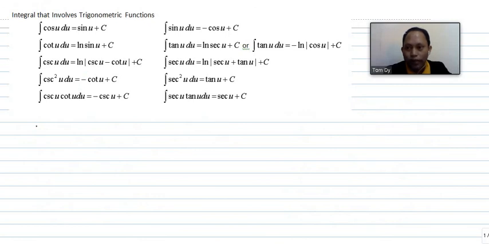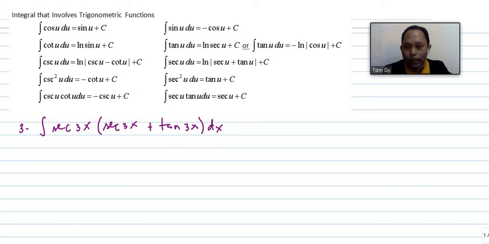Next, example number 3, we have here, let's say, the integral of secant 3x times the quantity secant 3x plus tangent 3x, dx.